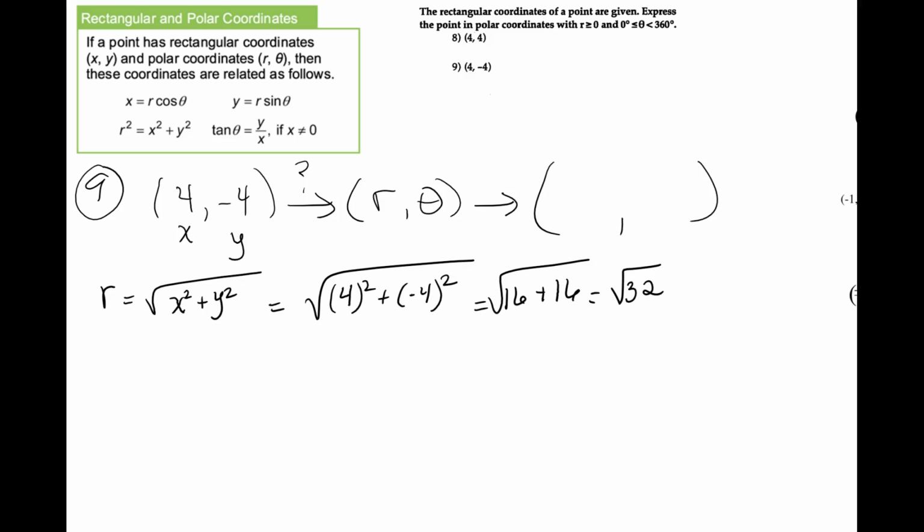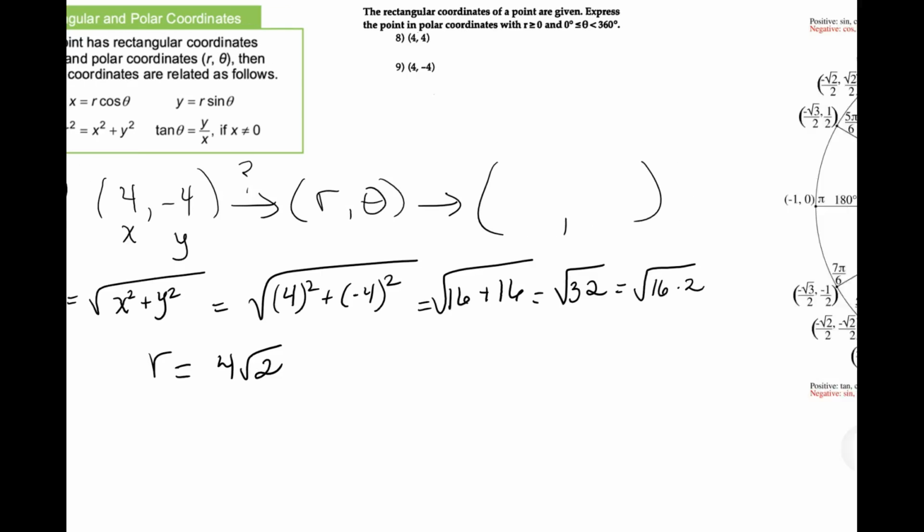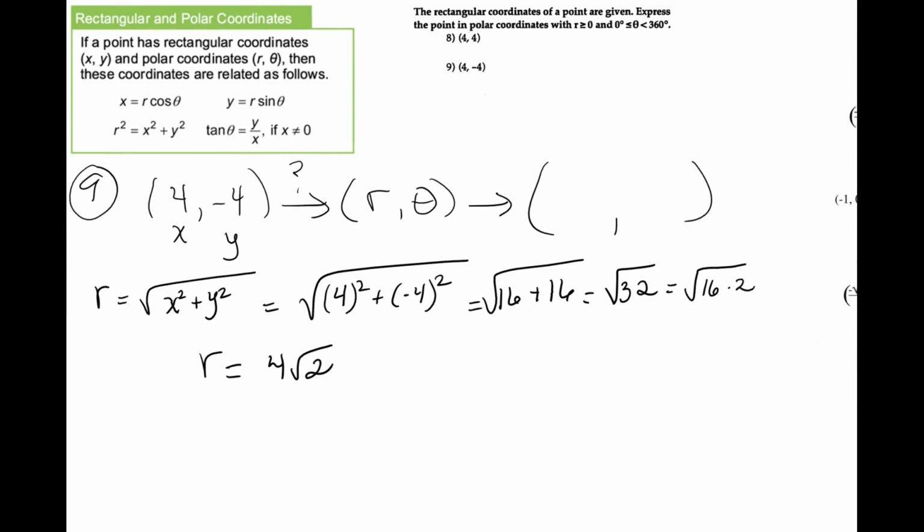And if you remember from the last time, that is 16 times 2, making the r here 4 square root of 2 once again. Again, the r value is the same, but this is not entirely the same. We're going to show you that in just a second. There we go, 4 square root of 2.